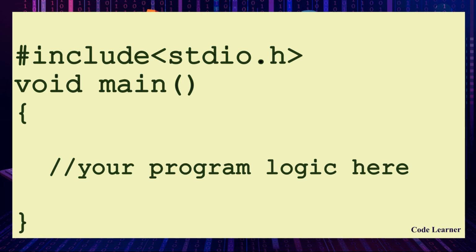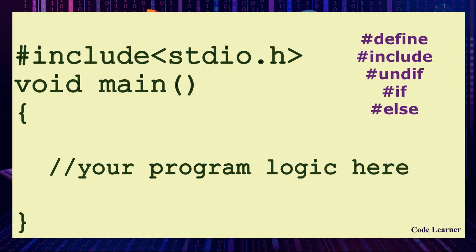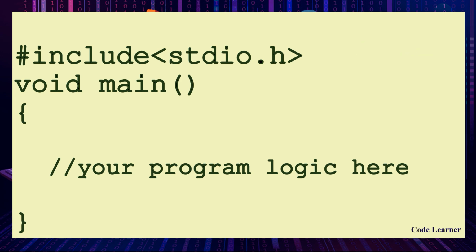The examples of C preprocessor directives are #define, #include, #undef, #if, #else, etc. We can write a C program without using a C preprocessor directive. This line is not necessary for doing a program.